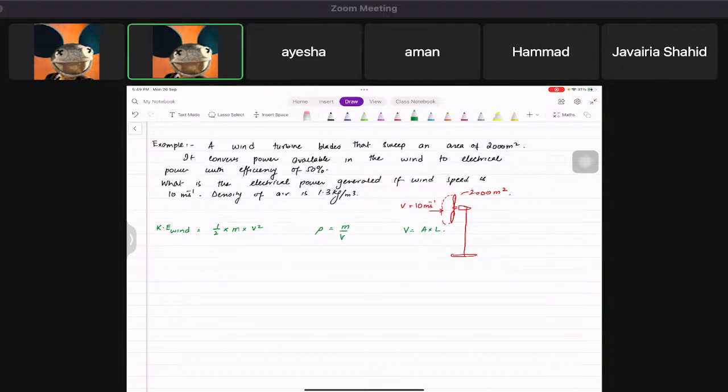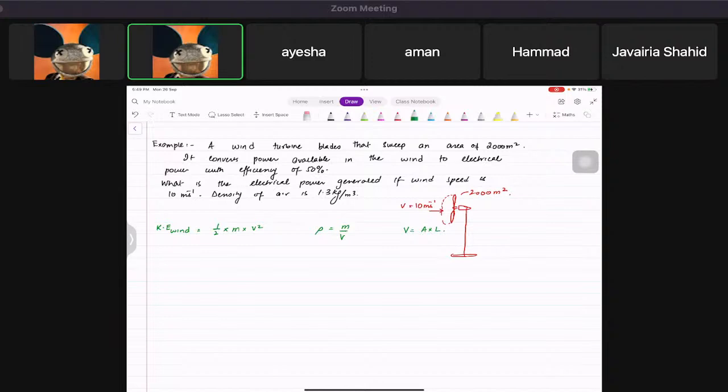Now, from this, it's funny, really. I needed mass, and to find the mass, I need density, which I have, and now I don't have volume, but I have area, so volume is given by area times length. But now I don't have the length, right? So what do I do? Because it is moving at velocity of 10 meters per second, what does 10 meters per second signify?